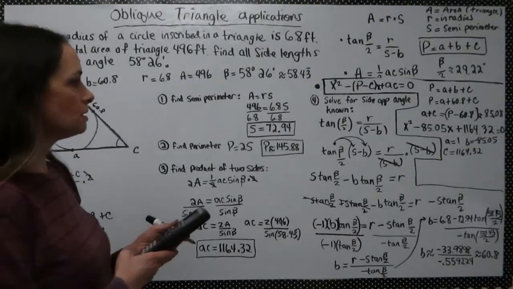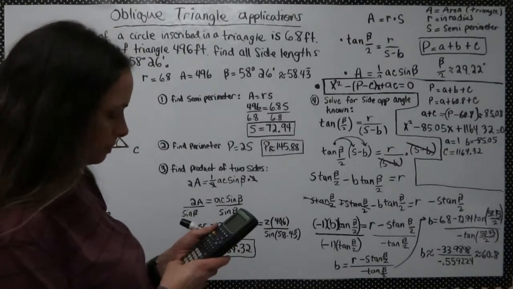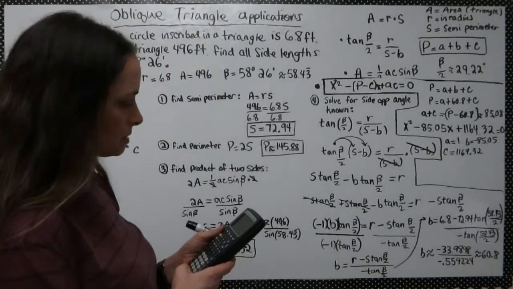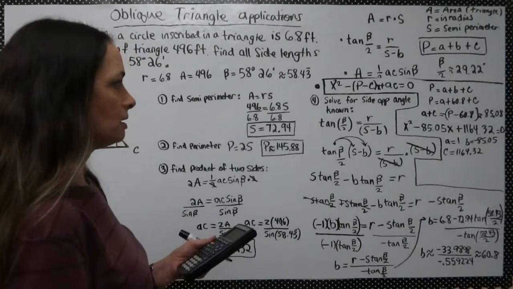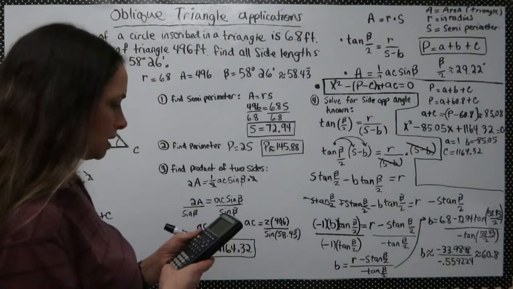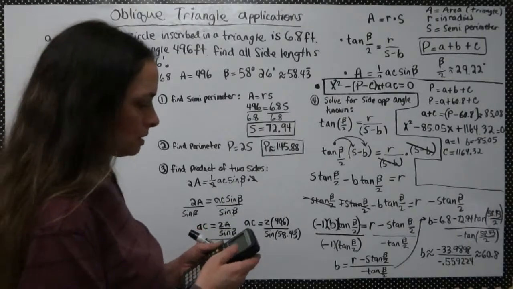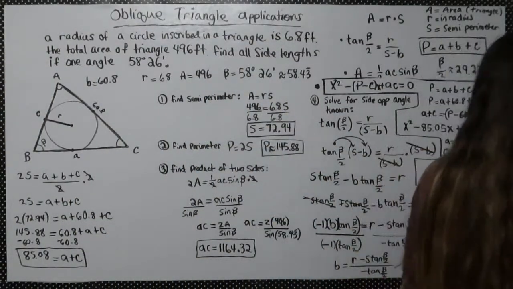And C was 1164.32. And do I want an exact or an approximate? It's decimals, so it's just going to give you an approximate anyway, I think. So we'll just do an approximate. And it says real root 17.4.